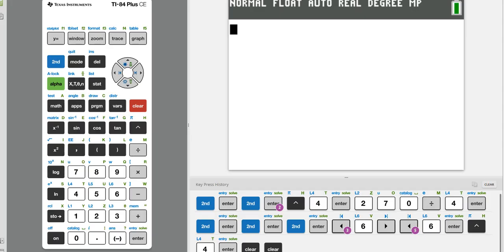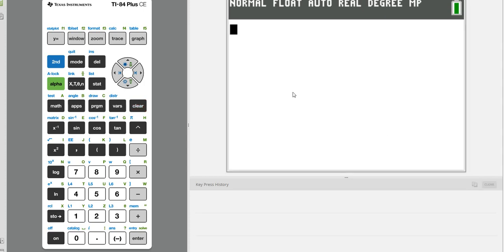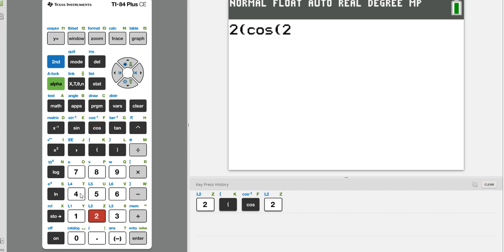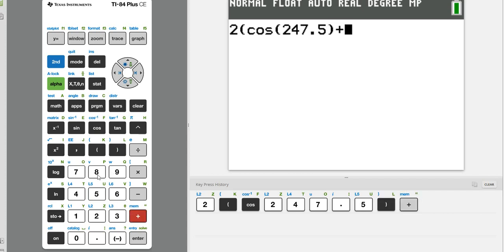Now, on my calculator, I've got my calculator in degree mode. So let's do that. I'm going to put 2 parentheses and then cosine of 247.5 plus i times the sine of 247.5.